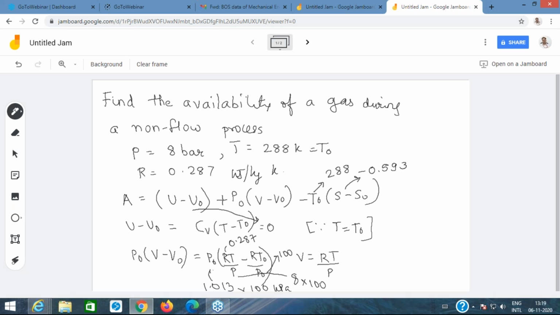So this T is 288, and this T naught is also 288. Tell me the final value of A.